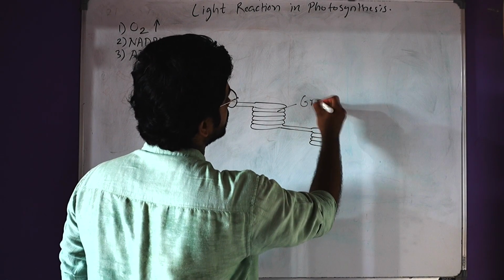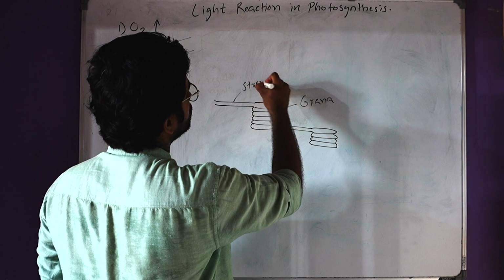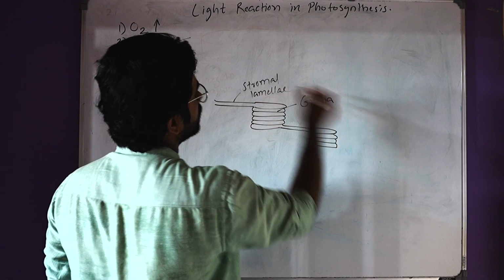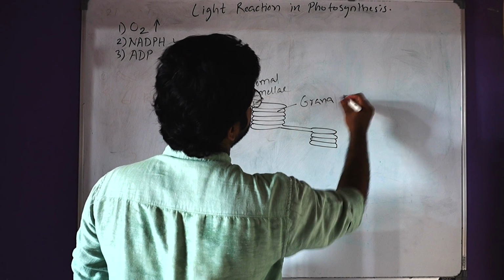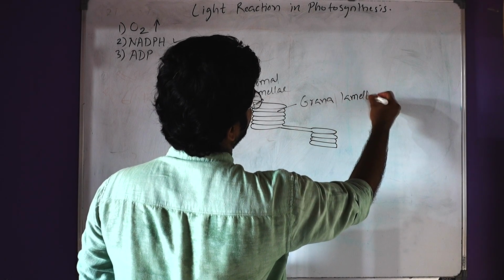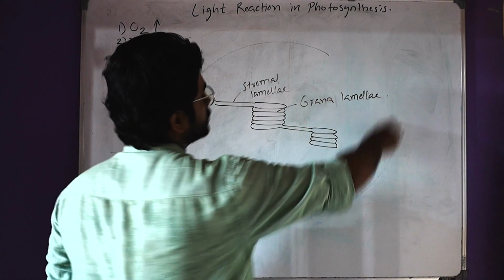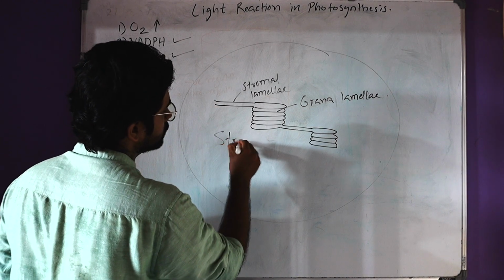This is called as grana, this is called as stromal lamellae, and you can call it granal lamellae also or grana lamellae. Okay, and the rest of the portion here there is stroma.